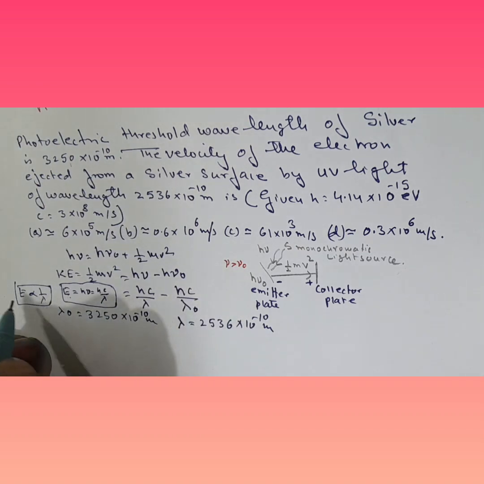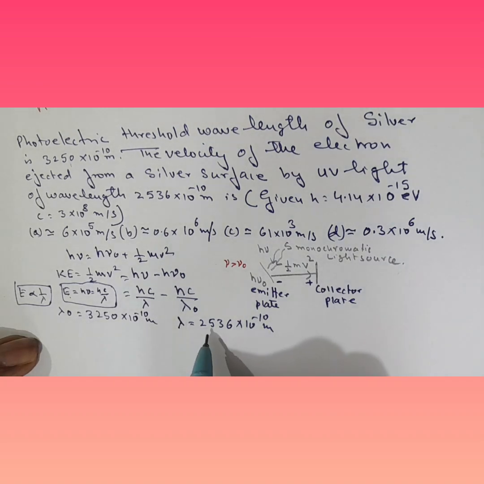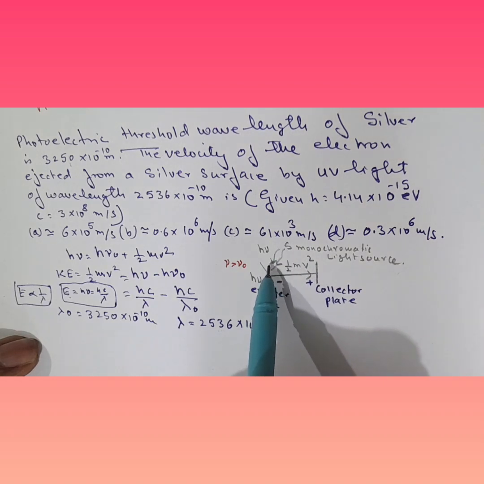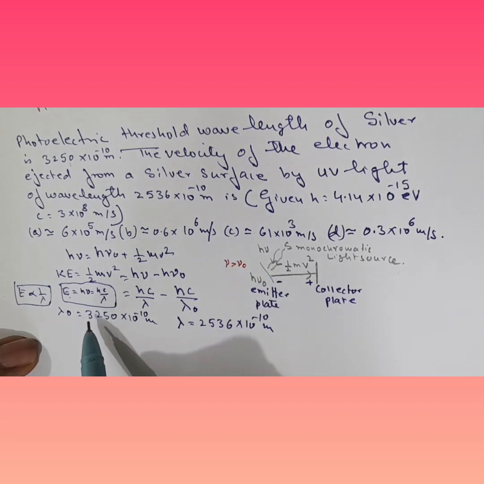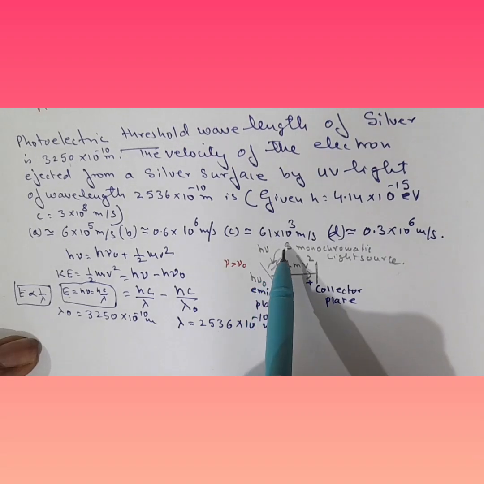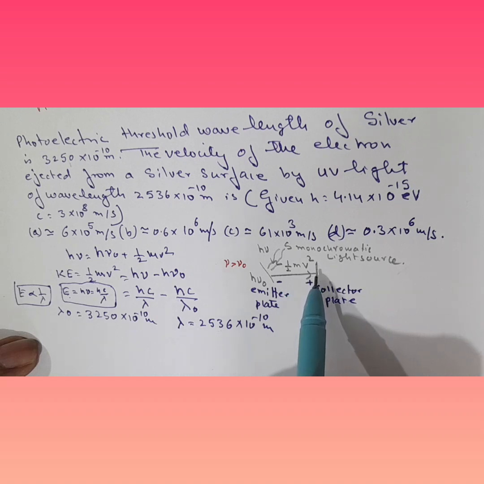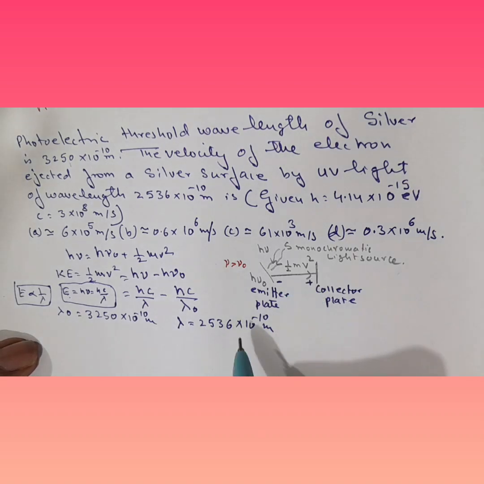So lower the wavelength, higher the energy. Now check out over here, this wavelength is much lower than this. So obviously the energy h nu would be very high and it would be crossing the threshold wavelength. So this would provide enough energy to strip off the electron from the emitter plate and for the electron also to have some kinetic energy.